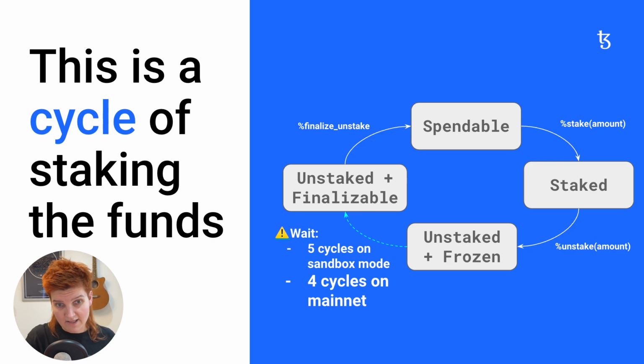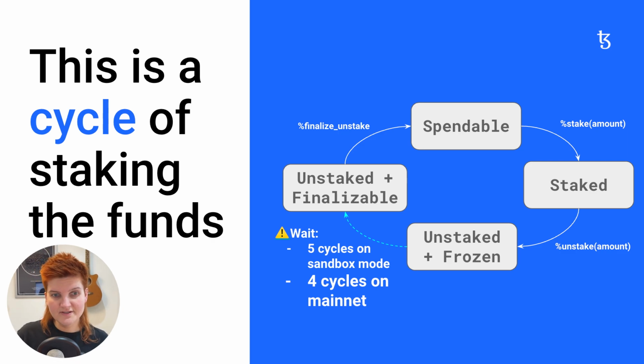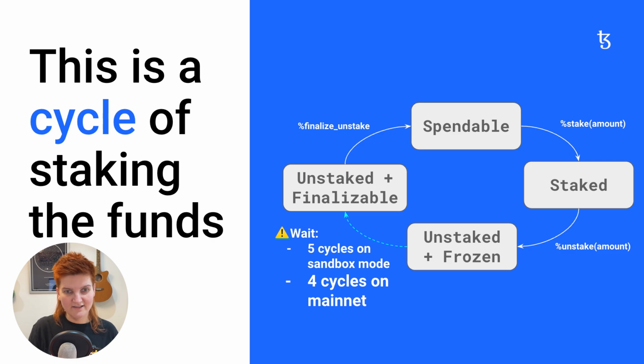The very last state is unstaked frozen, and they are still frozen because yes, they are not accounted for staking rights computation, but they are still slashable. So after those 5 cycles, we can move into the moment that we can finalize the unstake. So what is the difference? Unstaked finalizable are not frozen, but they do also require an action to be spendable again.